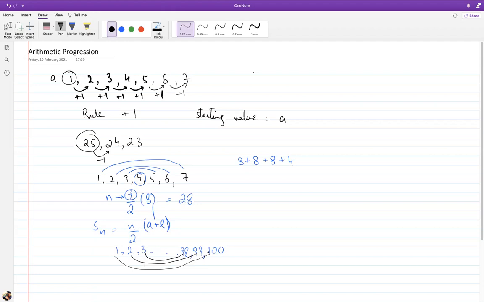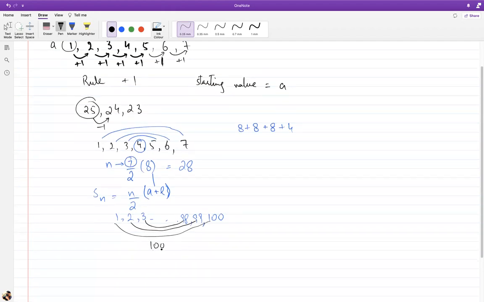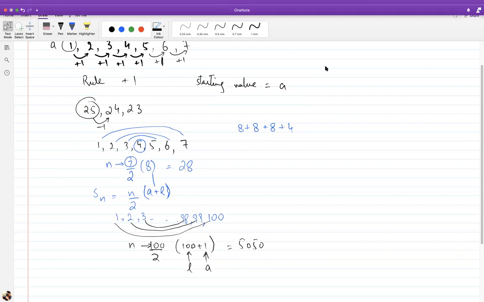So basically you have 100 over 2 pairs of 100 plus 1, where 100 is how many terms you have, and this 100 is the last term and this 1 is the first term. So do you see how pairing up allows us to calculate this really easily? The sum is going to be 5050. Does that make sense?